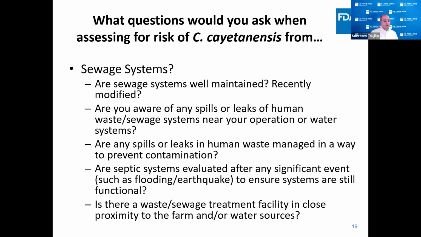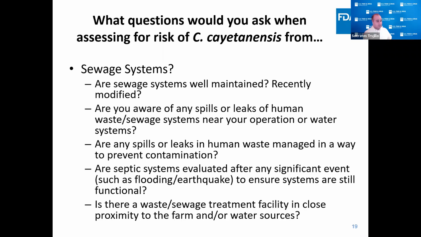Again, the sewage systems in the farms that you are visiting, or the packing houses, how are they maintained, right? If there are any spills, how do they make sure that those spills do not affect the source of water or the operations of harvesting and or post-harvest activities? Do they make sure that if there is any spill or leak, it does not contaminate, or prevent any contamination?